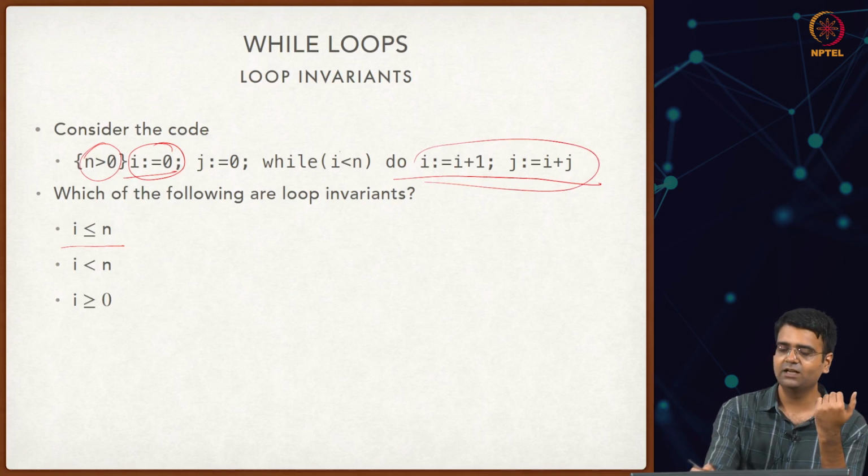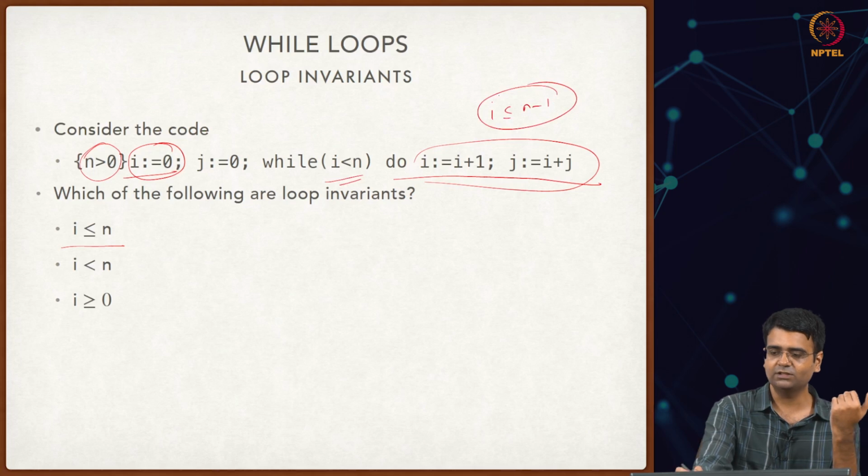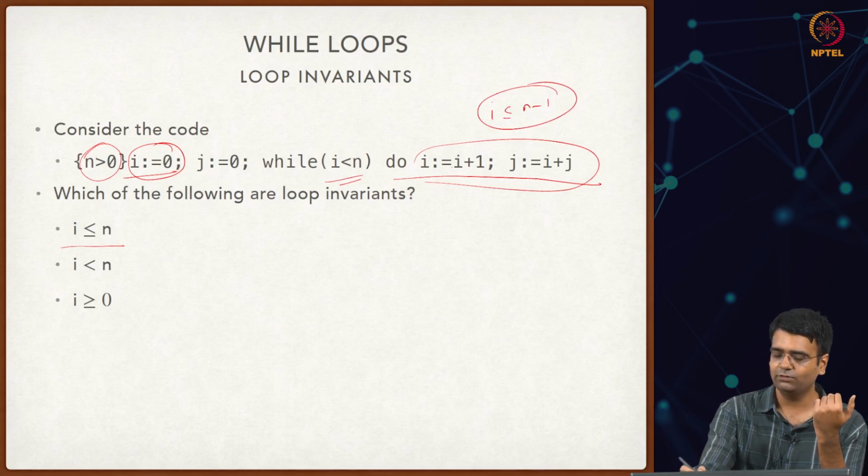Since i is strictly less than n, at max i can be n minus 1, and if you do i equal to i plus 1, that means that i will be less than or equal to n.